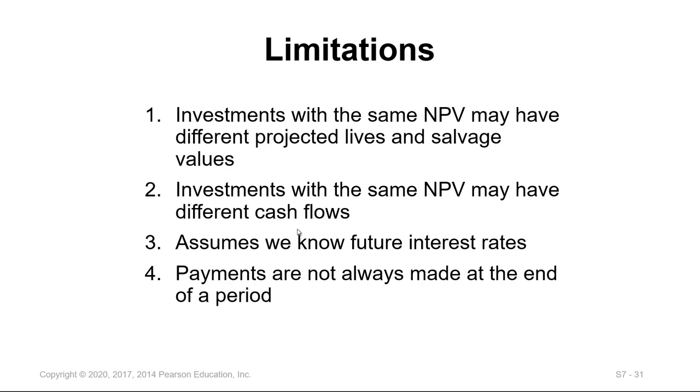Some of the limitations of using present value analysis to compare alternatives: those alternatives might have different projected lives and salvage values, which have to be considered in the calculations. Investments with the same net present value might have different cash flows too.